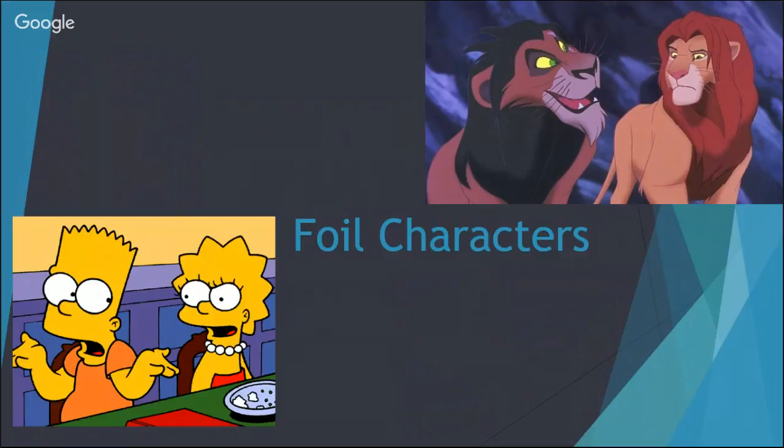And so when you put these two in contrast to each other, it makes Lisa seem even more like a goody two-shoes and Bart seem even more rebellious and naughty in that regard. We'll talk about later in this year, Hamlet has several sets of foil characters when we get to that text, as well as a number of other texts that we'll look at this year.